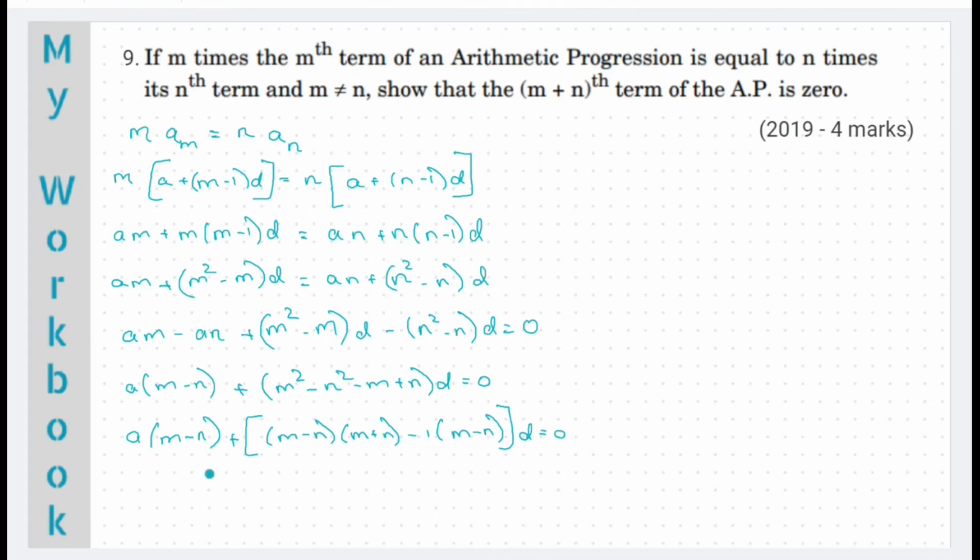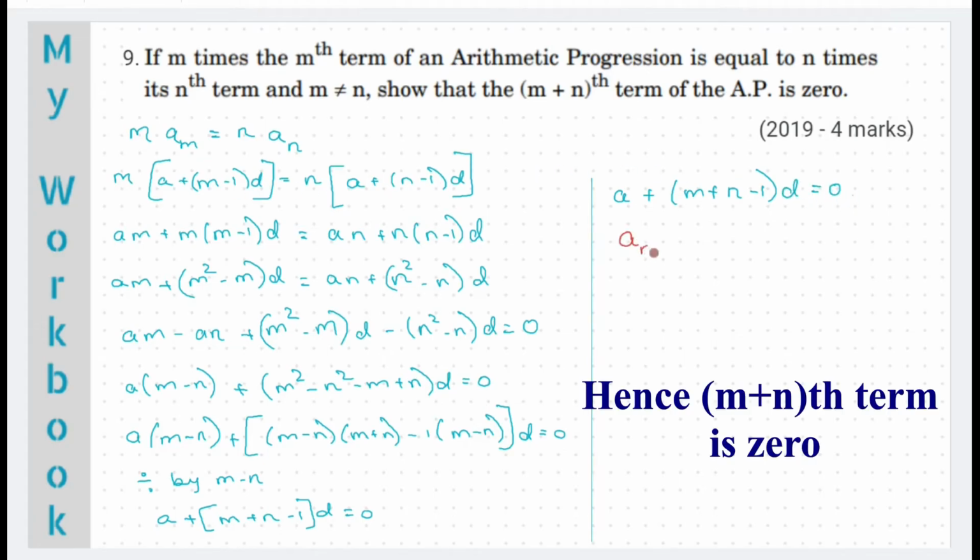Let's divide the entire expression by m minus n. So you will have a plus m plus n minus 1 into d is equal to 0. The general form of the nth term is a of n is equal to a plus n minus 1 into d.